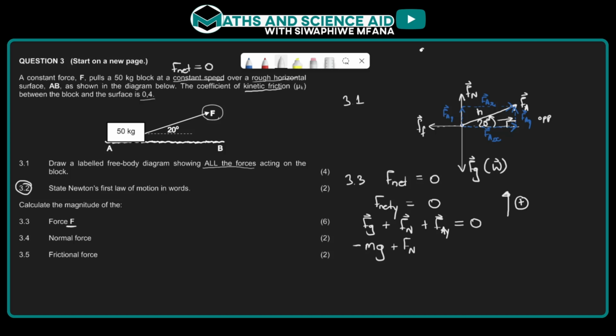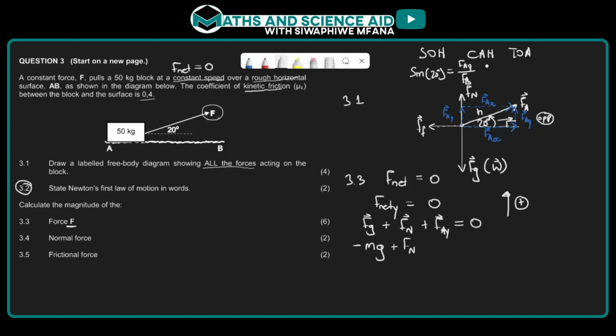And then from trigonometry, we know SOHCAHTOA. So if we want to write Fa of y in terms of Fa, what we say is that the trig ratio that can relate the opposite side to the hypotenuse side is sine. And sine of theta, or 20 degrees in this case, is the opposite over hypotenuse. And the opposite in this case is Fay, and the hypotenuse is Fa.